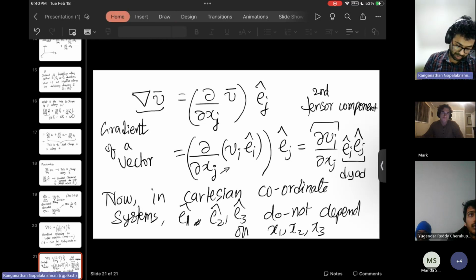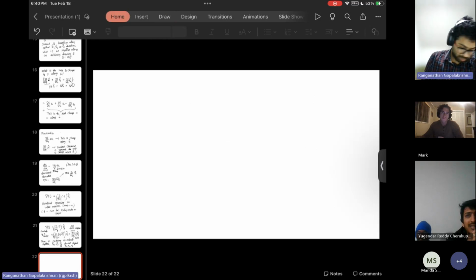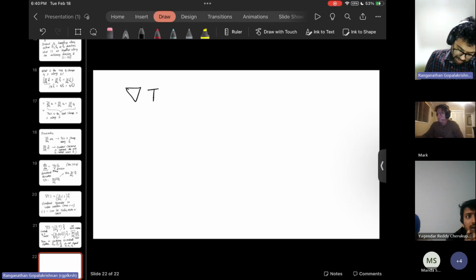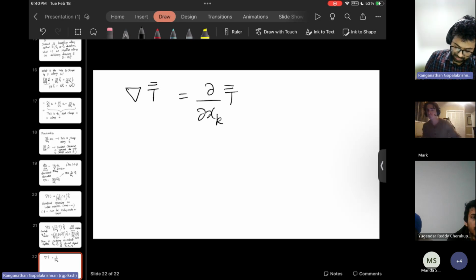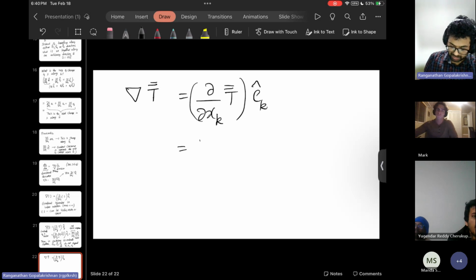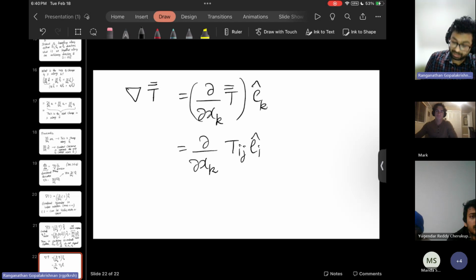And you can, of course, do the extension to a tensor. So if you write gradient of a second order tensor, this is like writing partial over partial xk of the tensor with vector ek. And the tensor itself can be written as partial over partial xk tij ei ej, that is multiplied by ek.